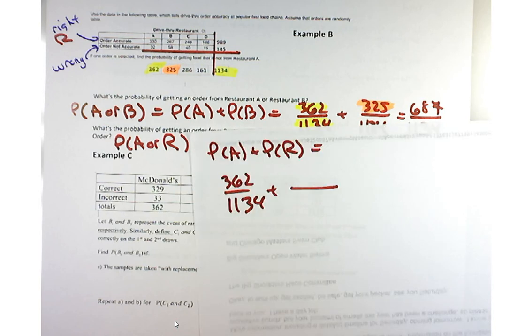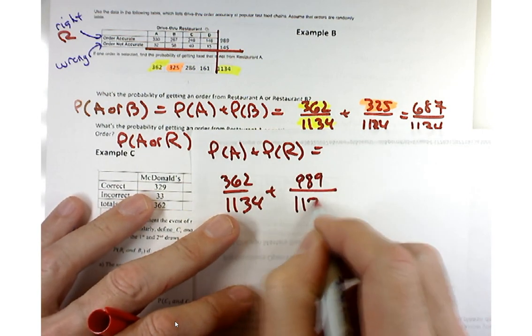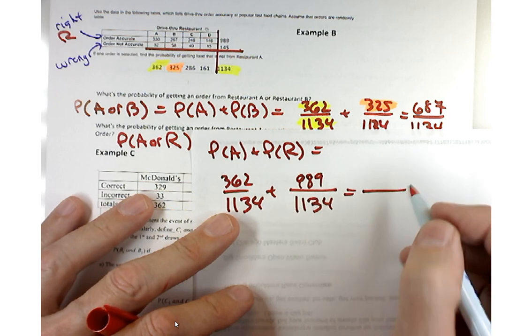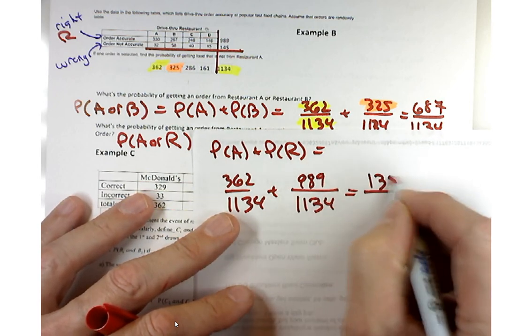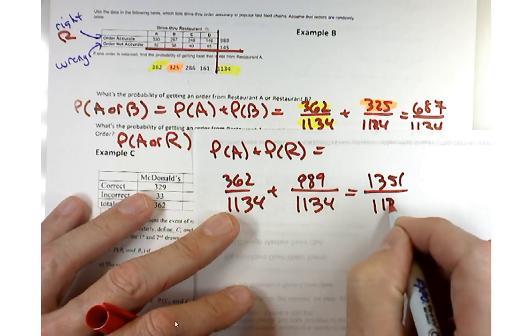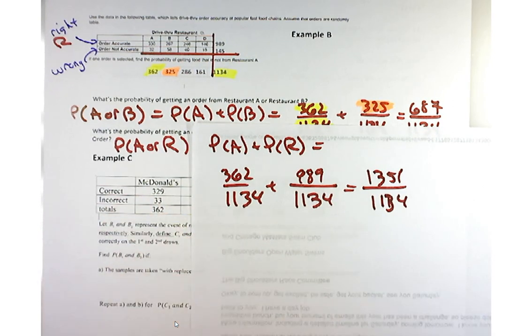How many? 989 out of 1,034. So that gives me a total of 1351 over 1,034. Okay. Can anyone suggest a reason why I said don't take any notes just now?